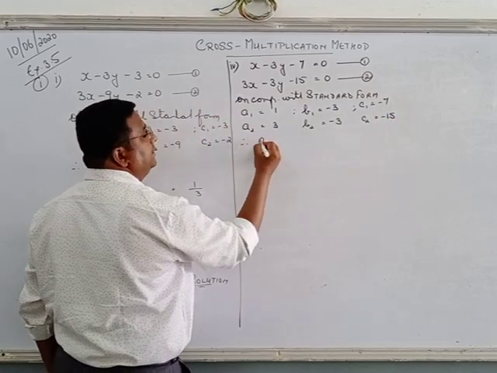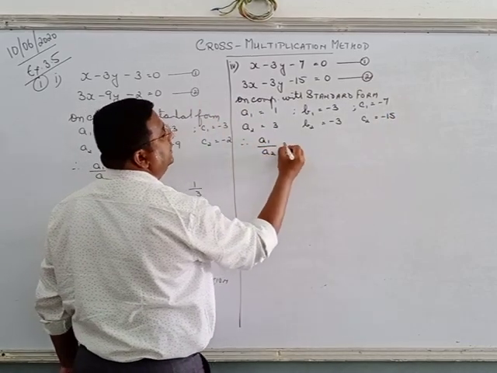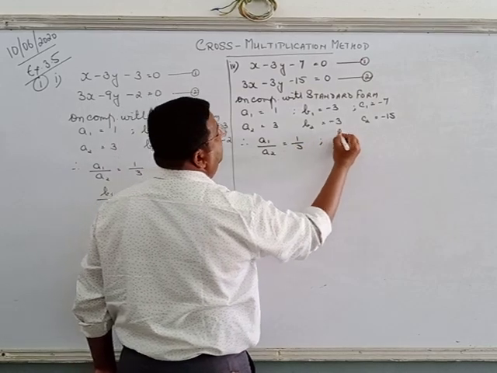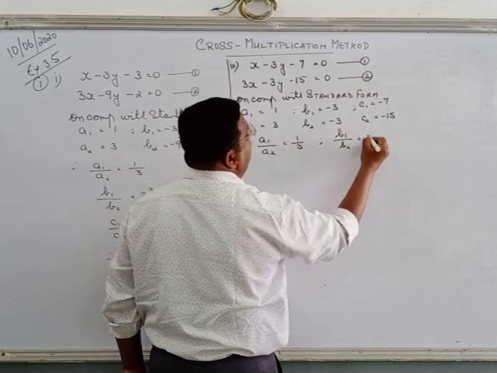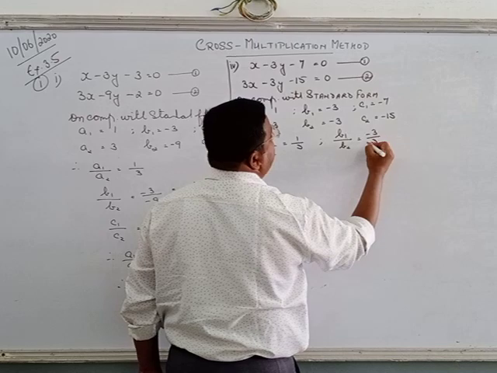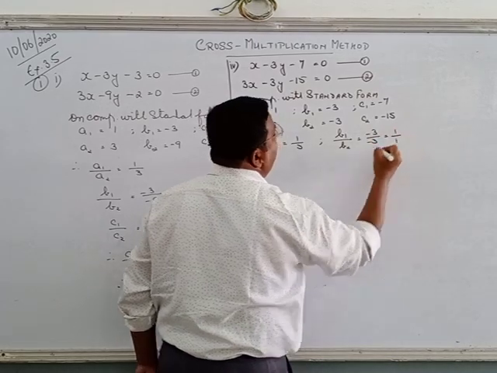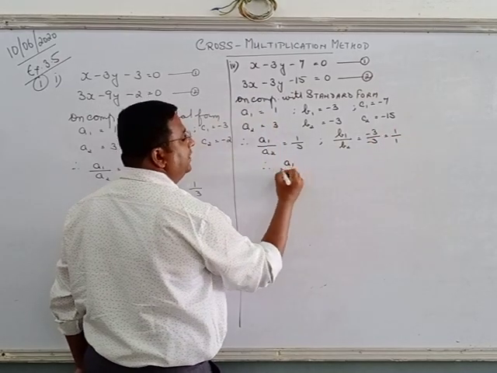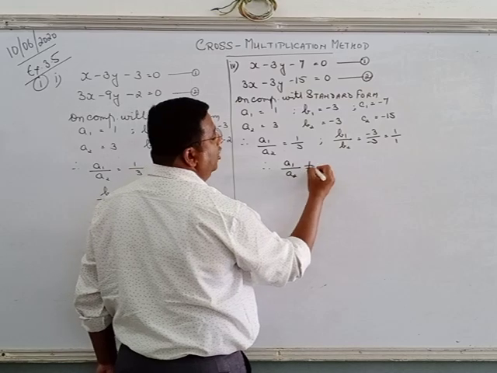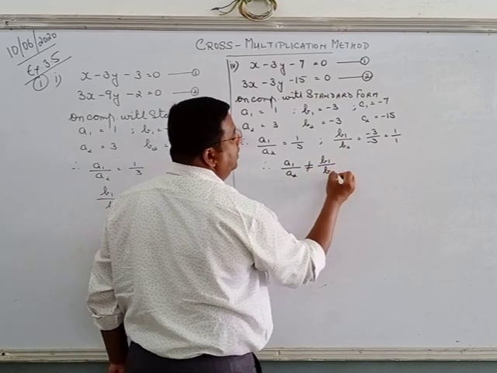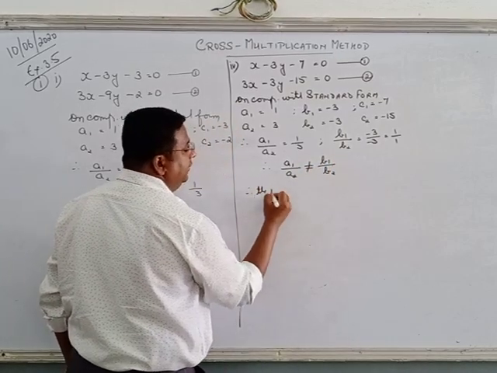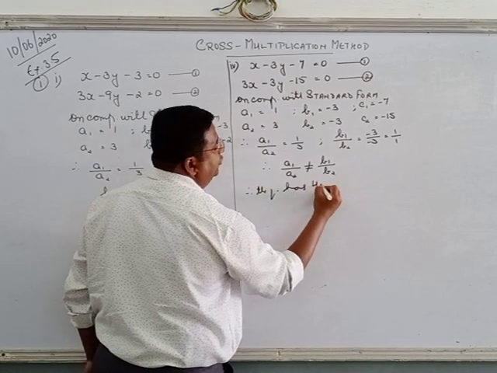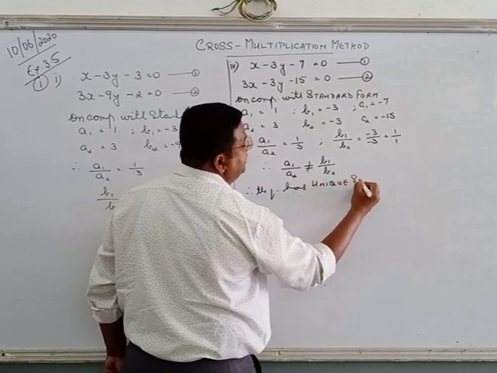So what do I find? a1 upon a2 is equal to 1 by 3, b1 upon b2 is equal to minus 3 by minus 3, that is equal to 1 by 1. So a1 upon a2 is not equal to b1 upon b2. Therefore, the equation has a unique solution.